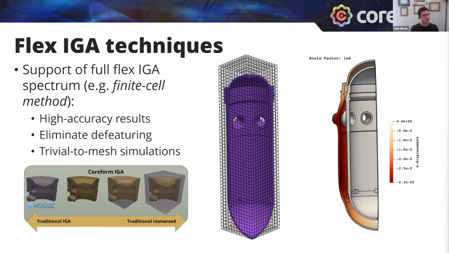In terms of the capabilities for the Flex IGA, for the immersed cell, this is an example that we've run within our own Coreform IGA that we hope to be able to bring these same capabilities over to MOOSE. And that is to, again, increase the efficiency and make it easier for the users to mesh their components so that they don't have to choose what parts of their components they aren't as interested in getting results from.